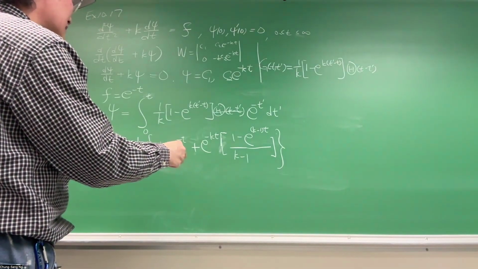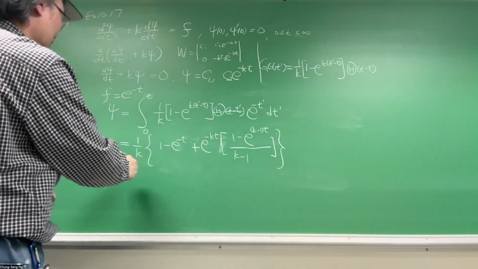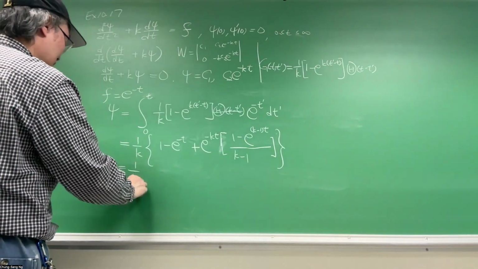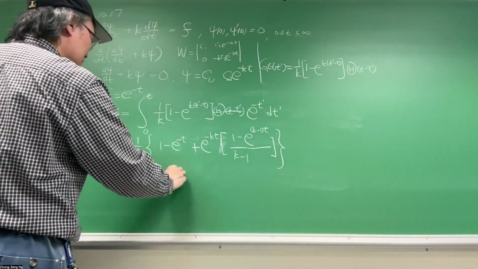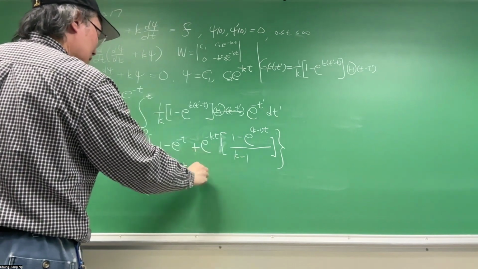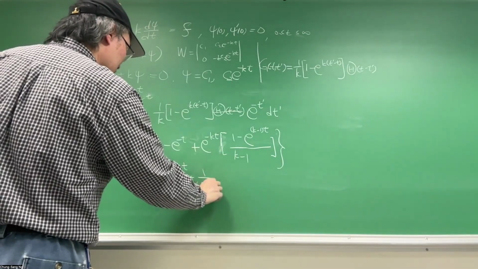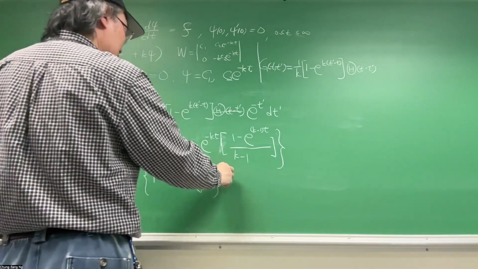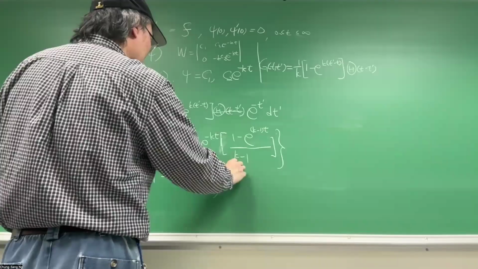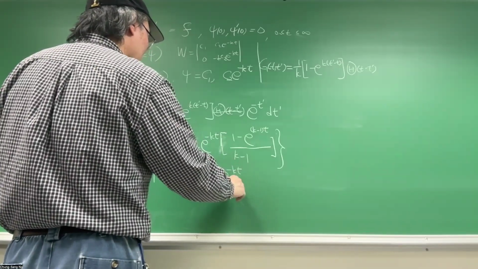That's quite a lot of terms, so you can simplify that a little bit. Okay. 1 minus e to the minus t plus 1 over k minus 1, and the two term e to the minus kt.